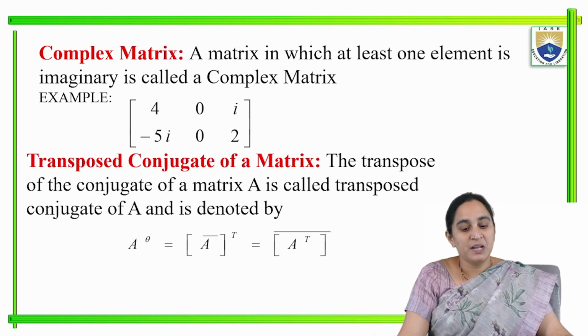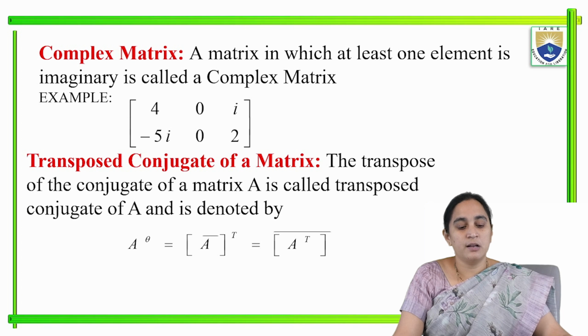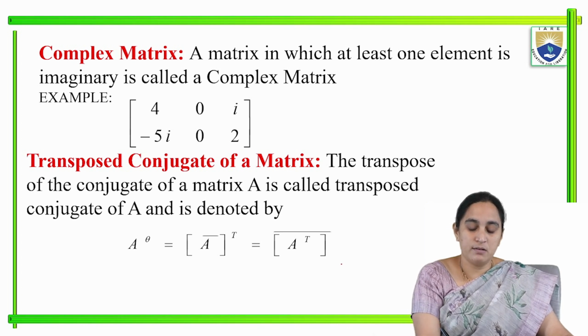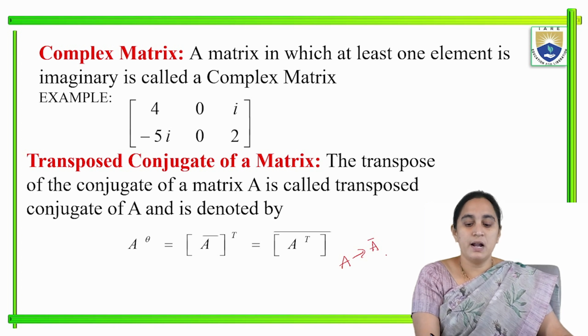Next definition, transposed conjugate of a matrix. The transpose of the conjugate of a matrix A is called the transposed conjugate of A, and it is denoted by A^θ, which is equal to (A bar) transpose, which is equal to (A transpose) bar. Once again, it is the transpose of the conjugate of a matrix. Generally, the conjugate of matrix A is A bar, and then the transpose.